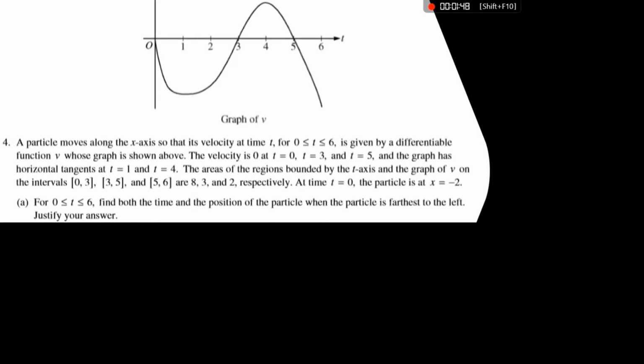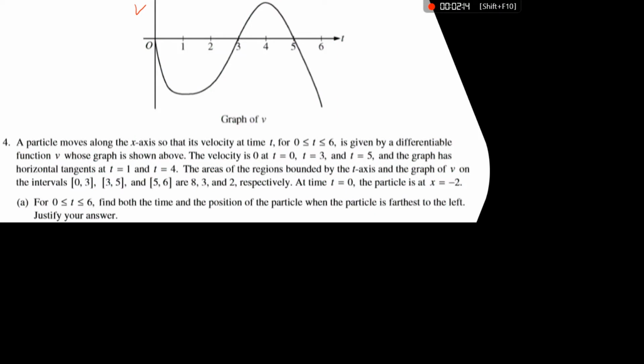So we've got this particle that's moving along the x-axis, so that its velocity at any time t from 0 to 6 is given by this differentiable function shown above. I did cut off the y-axis here, but this y-axis is velocity. Okay, so our velocity is 0 at t equals 0, 3 and 5.